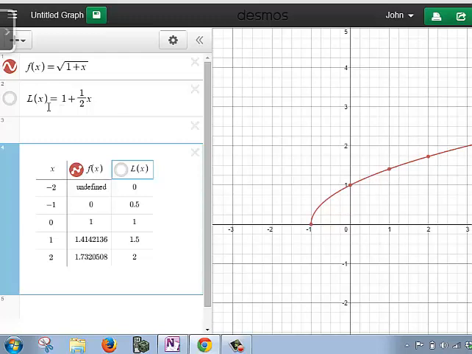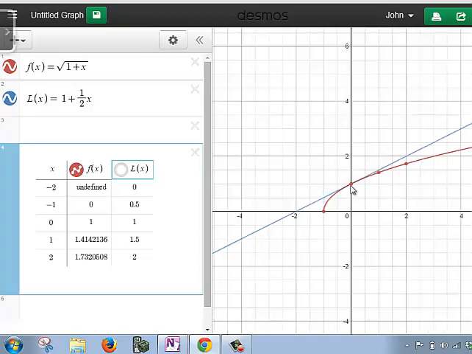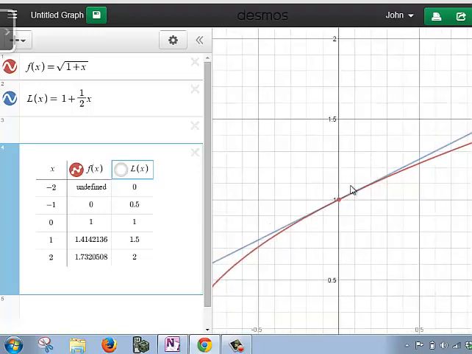And the linearization I programmed in is 1 plus 1/2 x. From a distance, it looks good in a local sense to the graph. But as you get closer and closer, you can see how the line and the curve aren't the same except at the point of tangency, but they're really close.